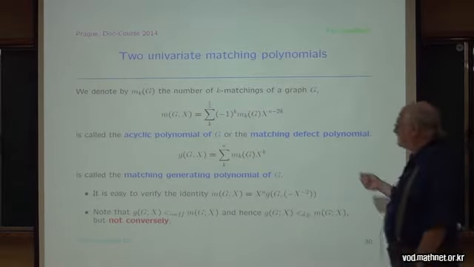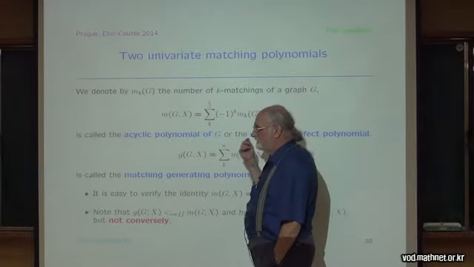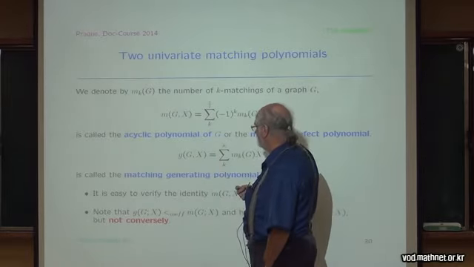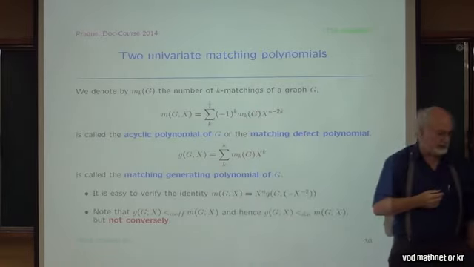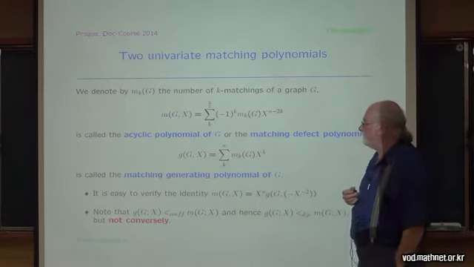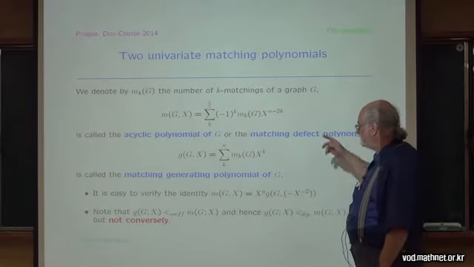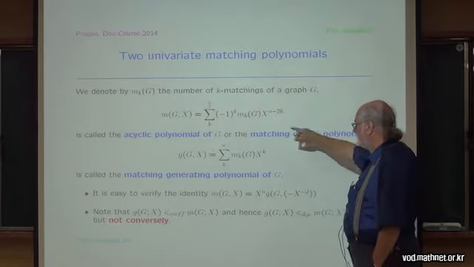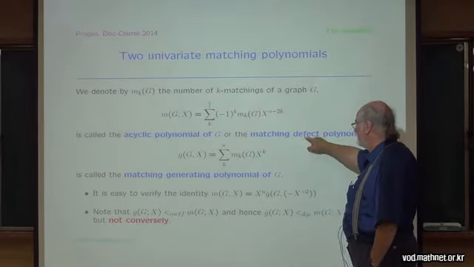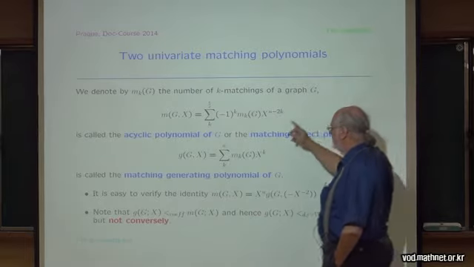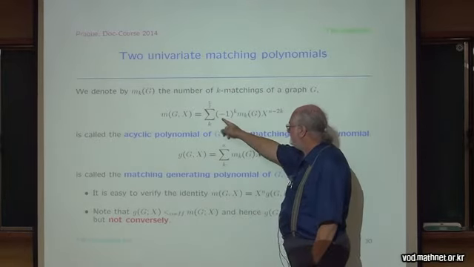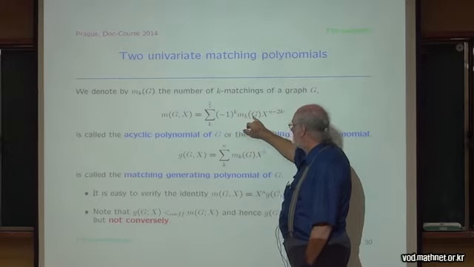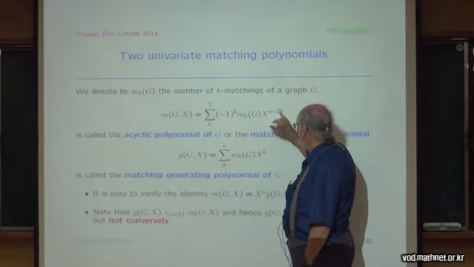So let's repeat. So the historic first matching polynomial, which appears in a paper by Heilmann and Lieb, the names were before, somewhere on our slide, is called the acyclic polynomial, or the matching defect polynomial, and it has been written like this. So (-1)^k, the number of k-matchings, times x^(n-2k).